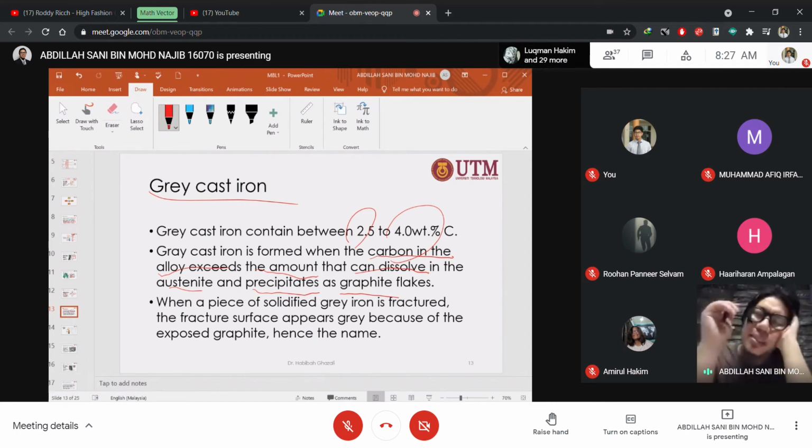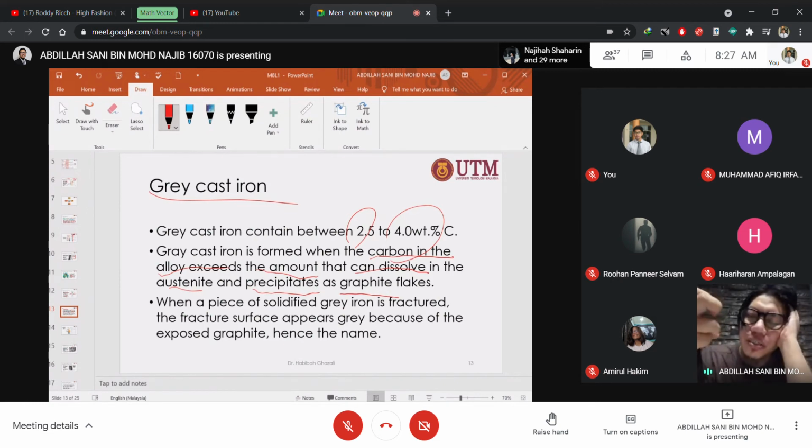So we know that the matrix or the host metal, the solubility has some limitation. You can add, or you can provide a certain amount of alloying element, but at one time it will be so saturated, it cannot dissolve in the matrix anymore.